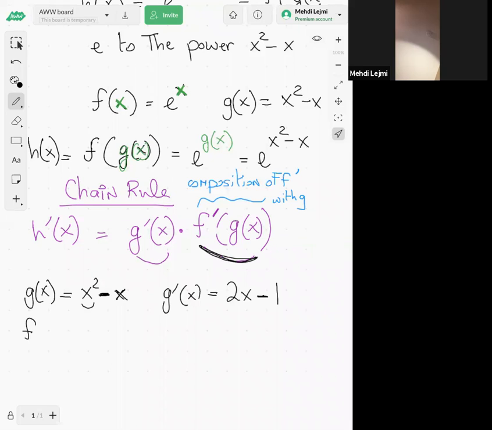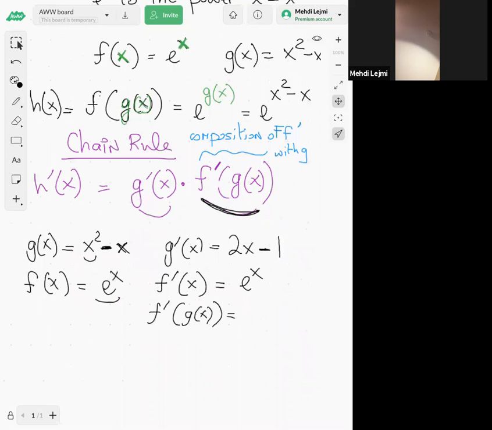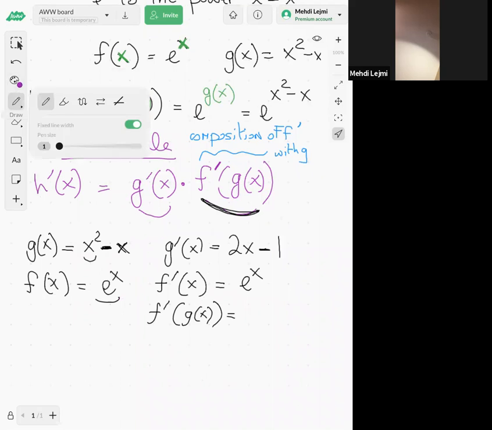Well, first f of x we said is e to the x, right? Then f prime of x, derivative of e to the x, we said it's just e to the x. Now the question is, what's f prime of g of x? So we have to substitute x by g of x. Here's my x.